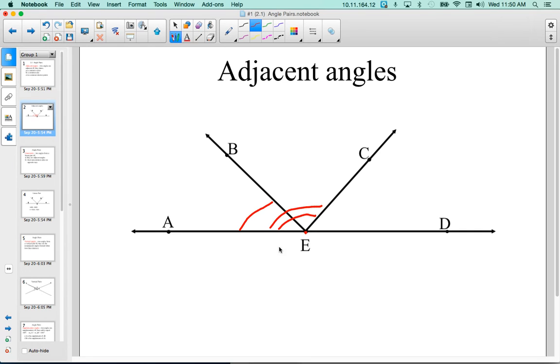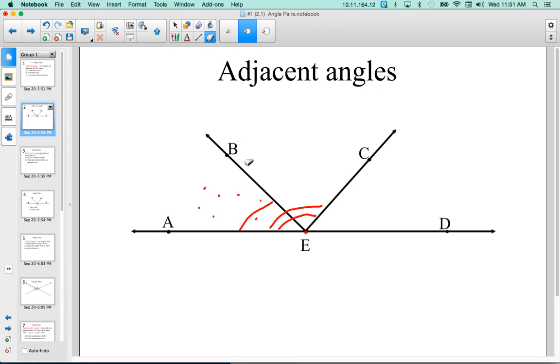They share a side. In this case, the side they share is side EA, the ray EA. But there are points all inside here that are shared in both angles. They're in both AEB and in AEC. So in this case, they would not be adjacent angles.